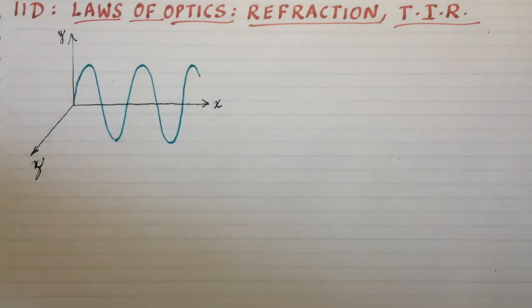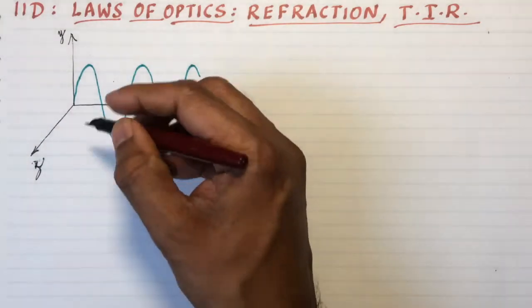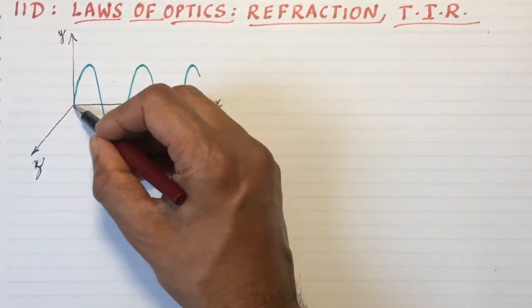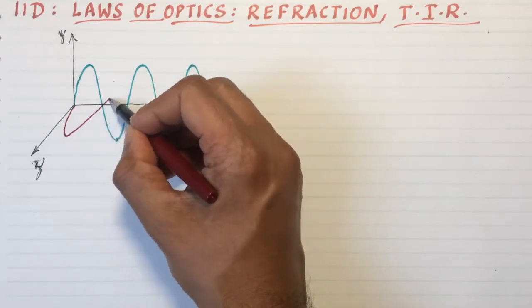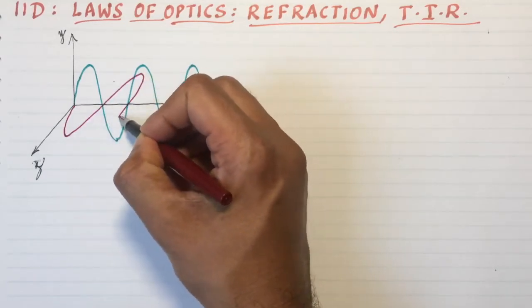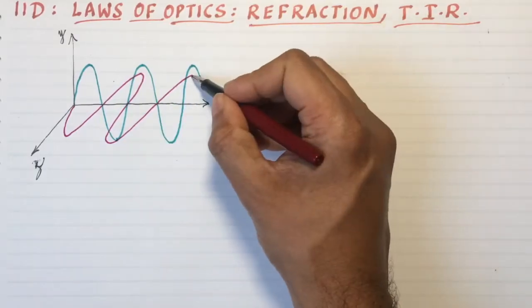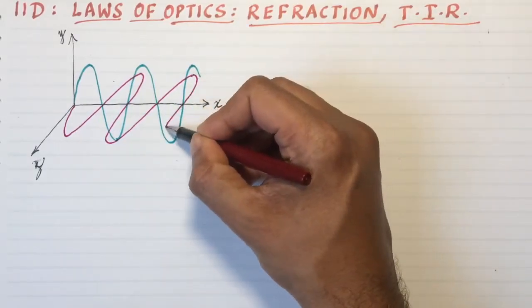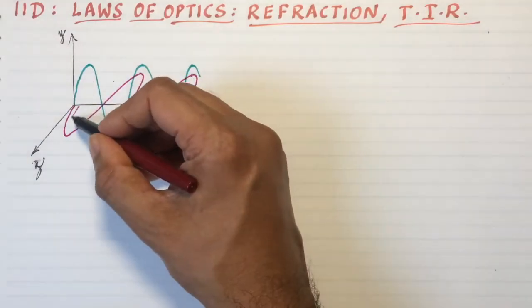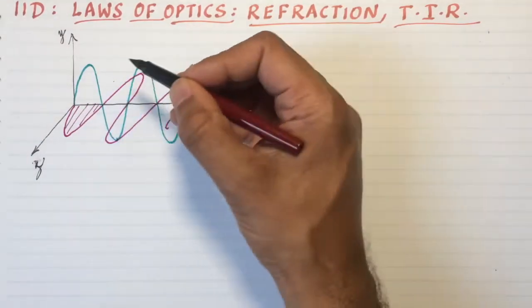It's not actually funny. The B field is at 90 degrees to the electric field, and so that goes like that. And just to make this clear, I'll put some fin-like shadings.